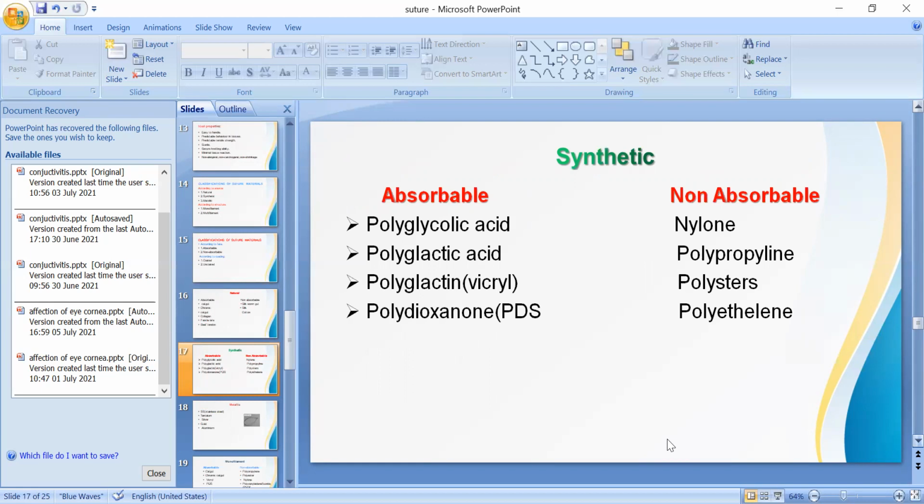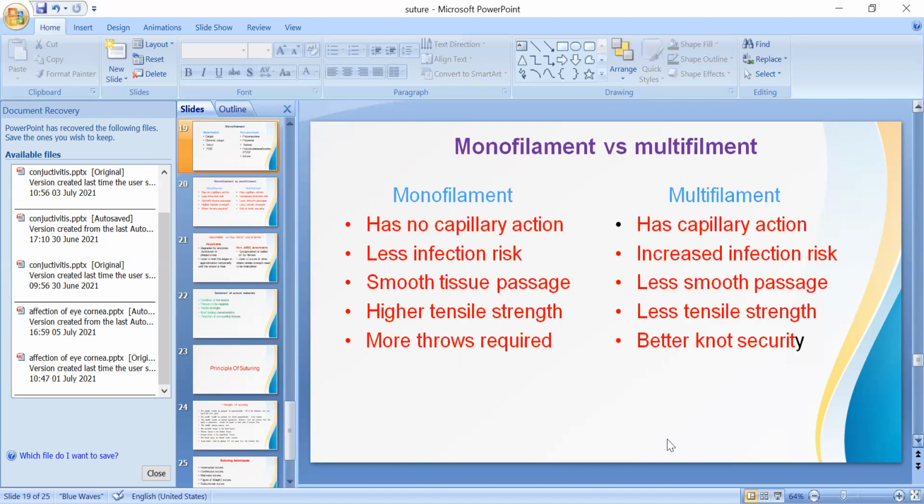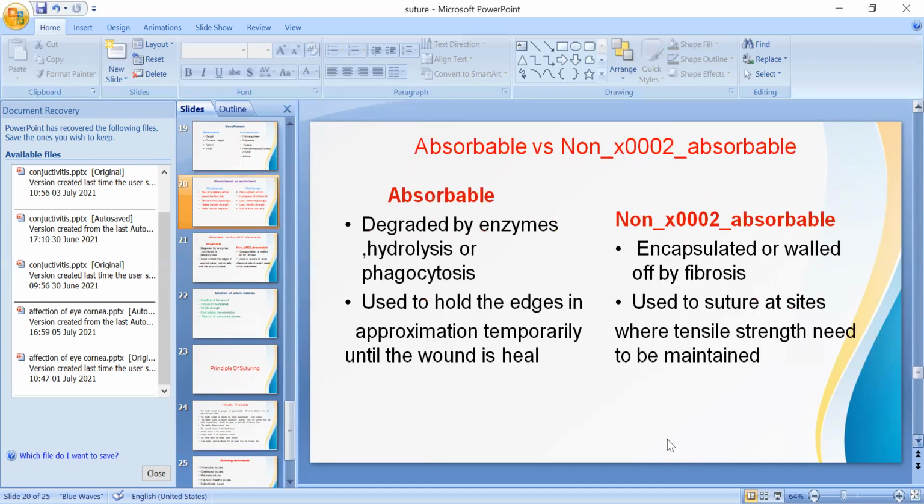Synthetic, non-synthetic, monofilament, multifilament, absorbable, non-absorbable. This is very important.